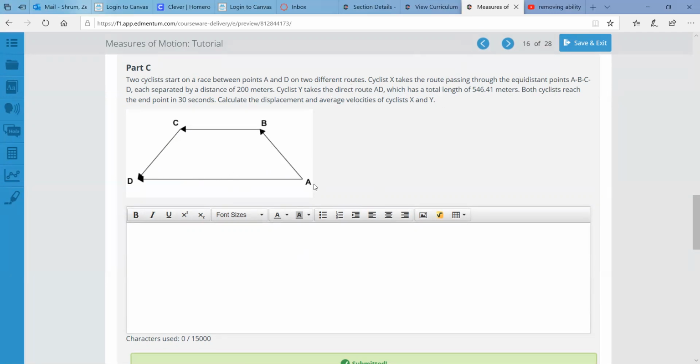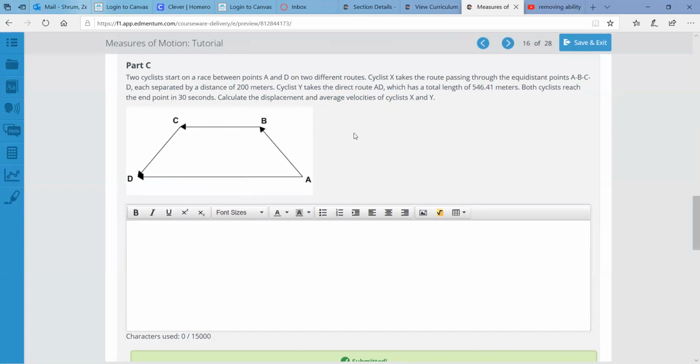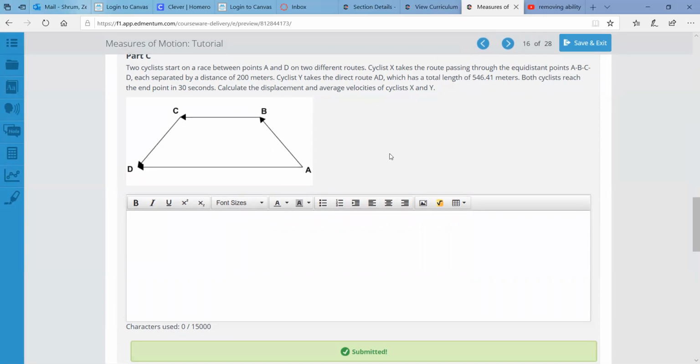That AD route has 546.41 meters. And then each of these points are 200 meters apart, 2, 4, 6. Both cyclists reach the end point in 30 seconds. Calculate the displacement and average velocities of cyclists X and Y.